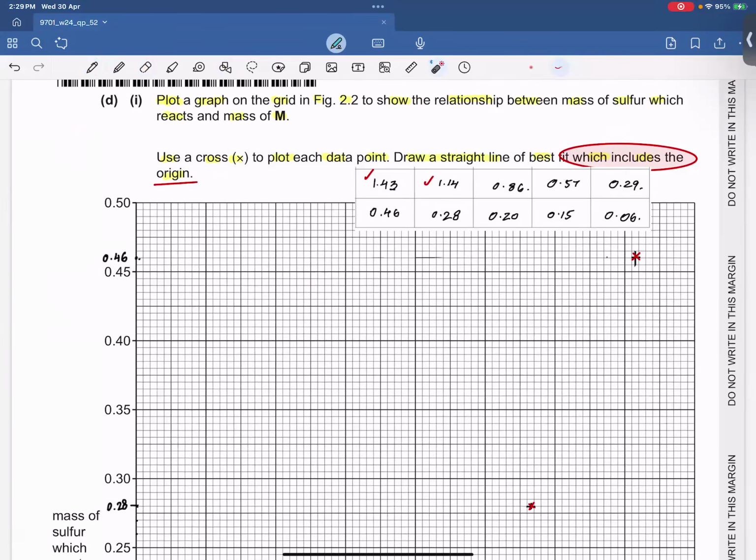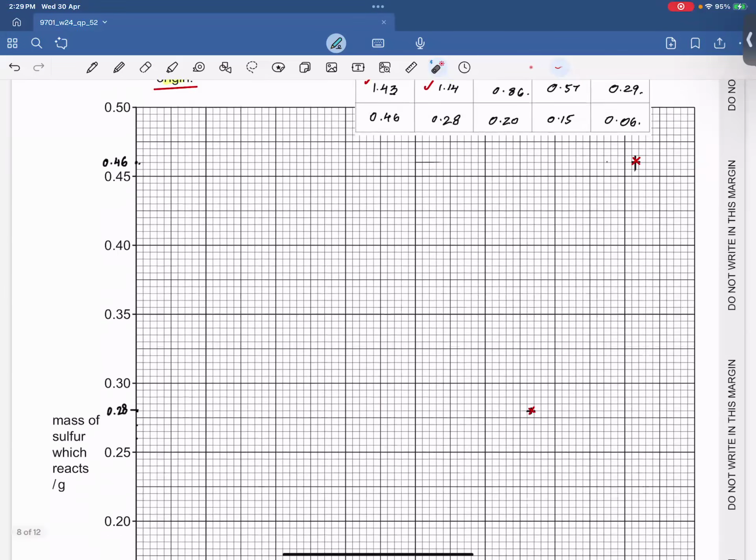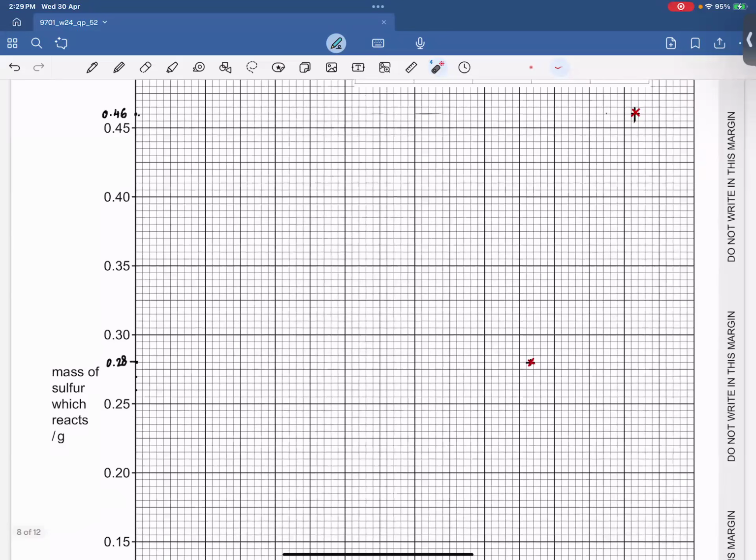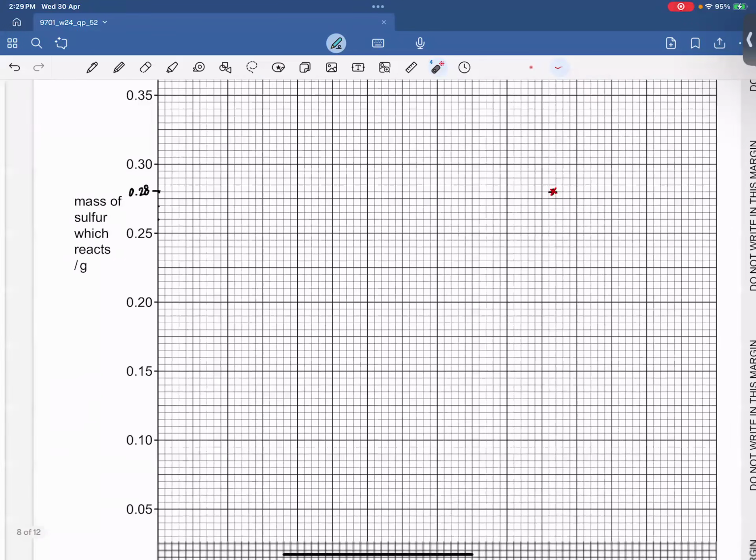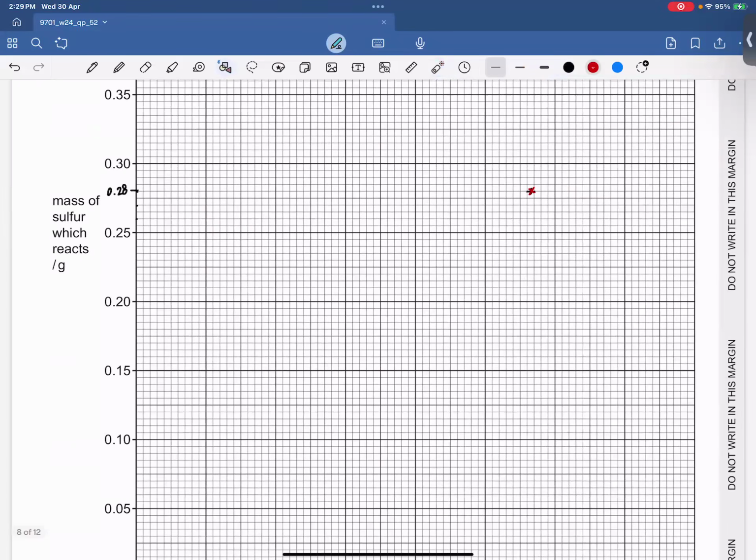Now the next is 0.20 and 0.86. So this is 0.20, and then 0.86.